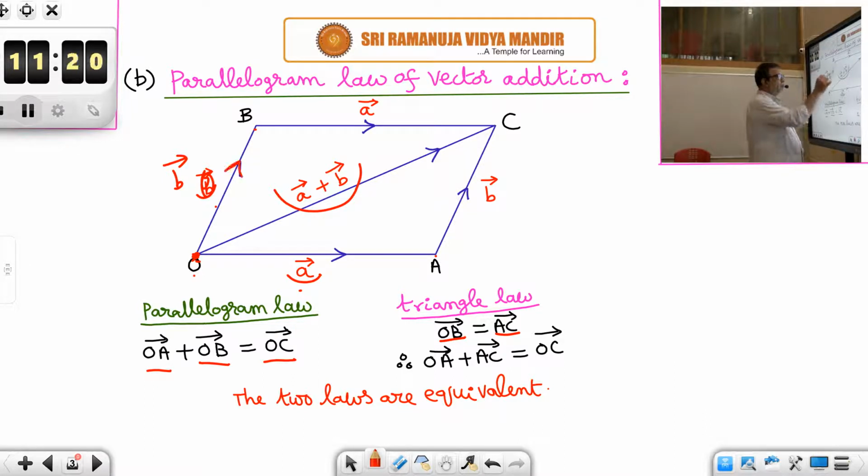Both are going upwards only. So the magnitude is the same, OB length is equal to AC length. The direction is also the same because they are parallel. So OB bar and AC bar are two equal vectors. So OA plus AC, is it not? OA plus AC.